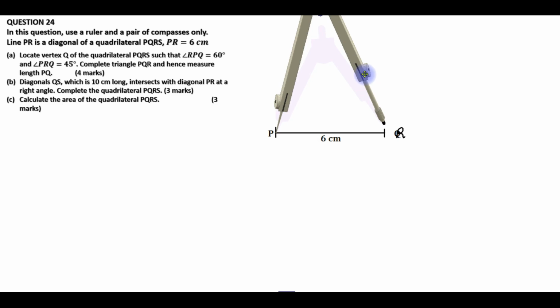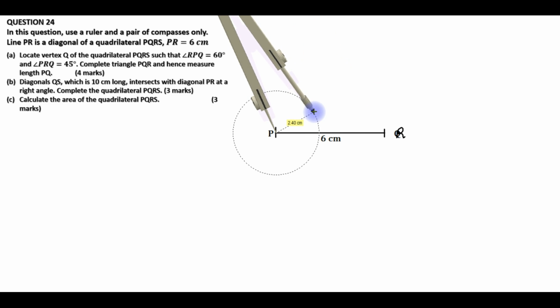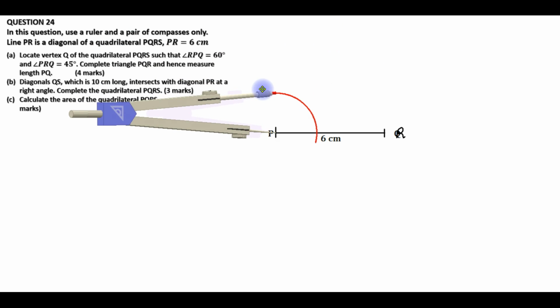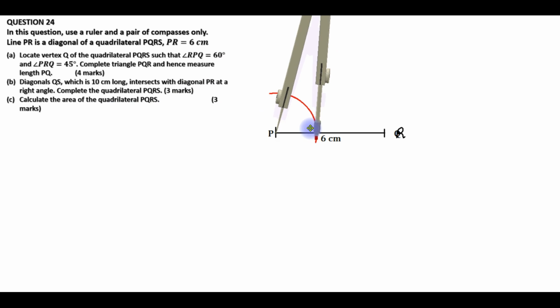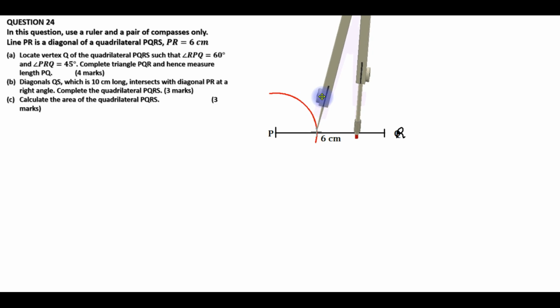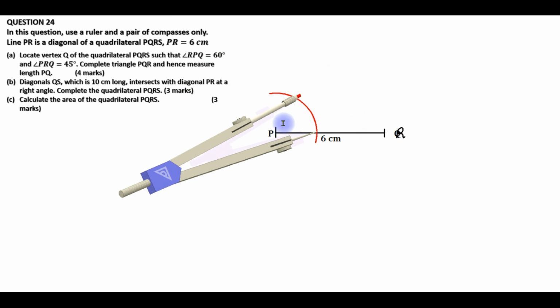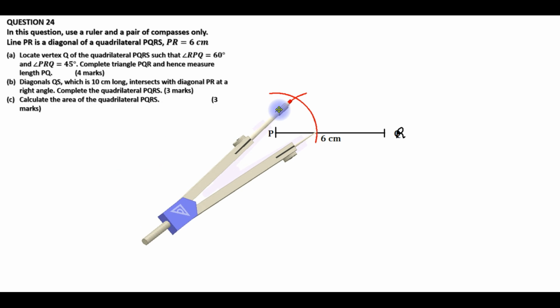In that case, I'll adjust the radius of the compass, and then I put a mark. Then from there, I move the point of the compass to this side, maintain the same radius, and put an arc there.